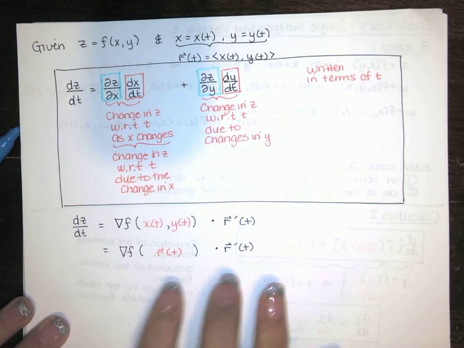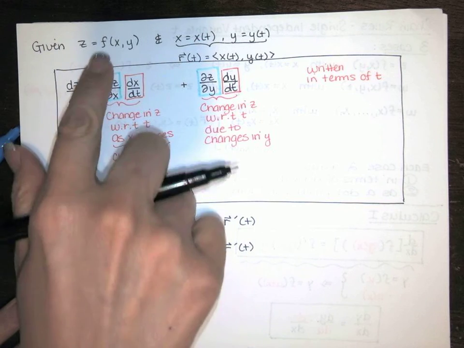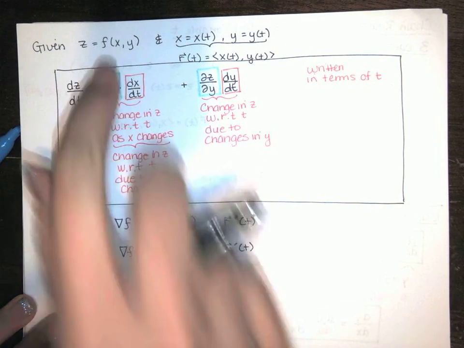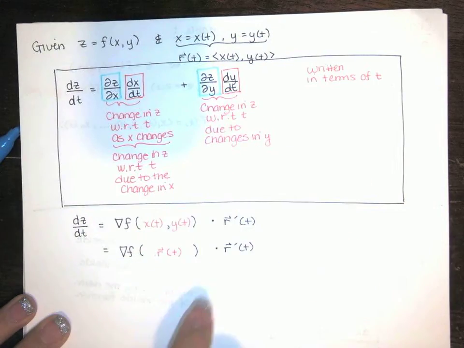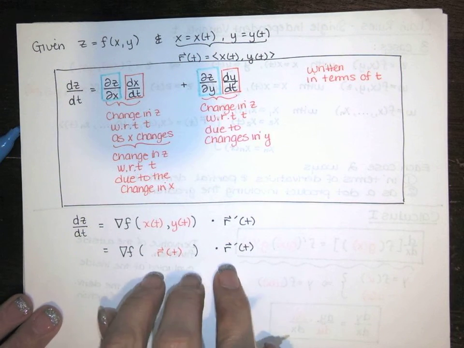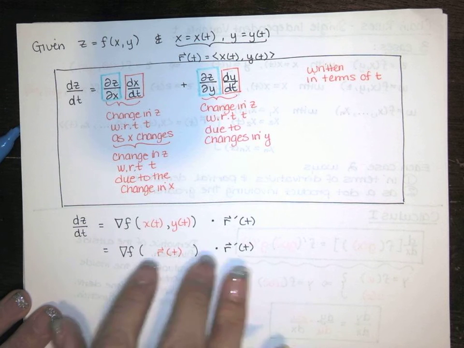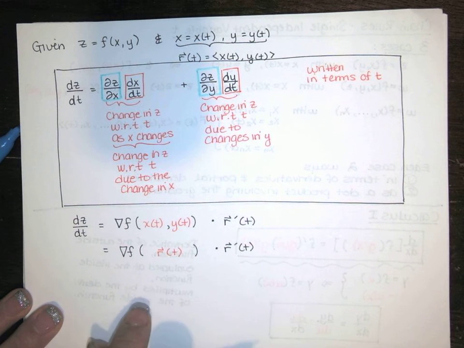And this looks a lot like our regular ordinary chain rule. It looks like we're taking the derivative of the outside function and evaluating it at the inside function, r of t, and then multiplying it by the derivative of the inside. So some people like this better because it just looks a lot more like the calculus 1 chain rule.